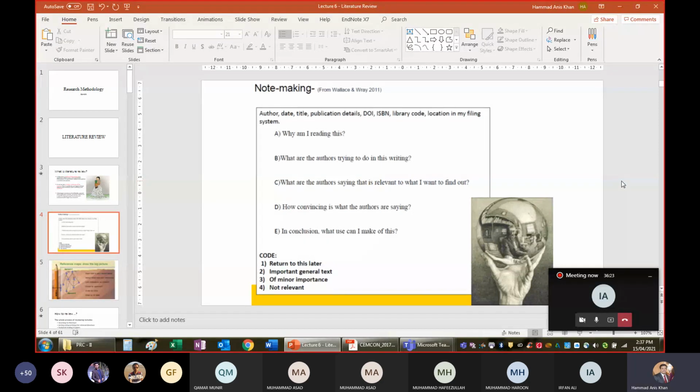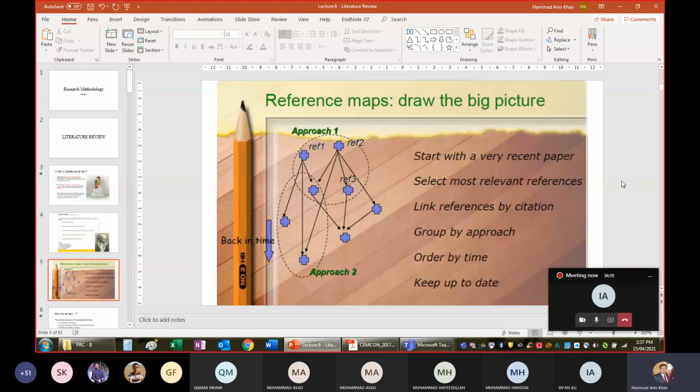These are the questions you should have in your mind when you are reading a book, article, or research paper. If you find a research topic which is very interesting to you, you do a reference map. How a reference map works is that you start with the most recent research paper, and then you go to the references of that research paper.